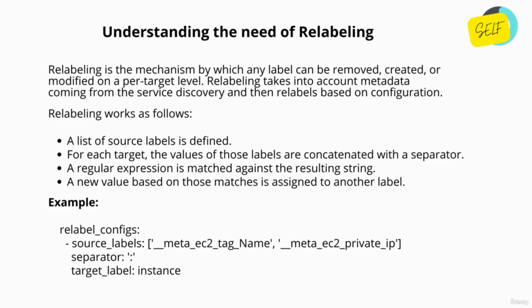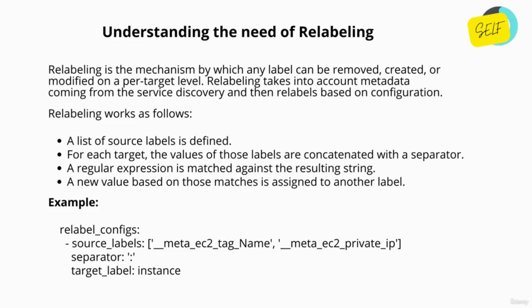I'm using these two labels to concatenate a new string, and then I'll assign it to the target label instance. Instance is a label which is part of my time series and I can update that. If you notice the separator, I've used a single colon, which will be the separator used to concatenate the source labels.